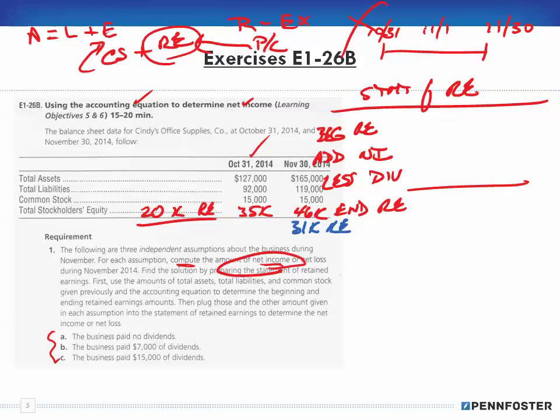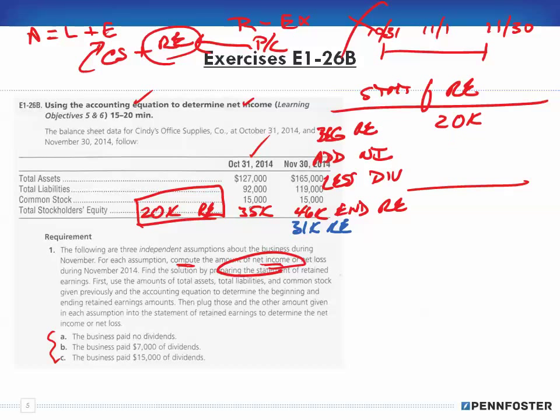So our ending retained earnings of 20,000 at the end of October 31st becomes the beginning retained earnings of the next period in November. So I have 20,000 here for my beginning retained earnings.